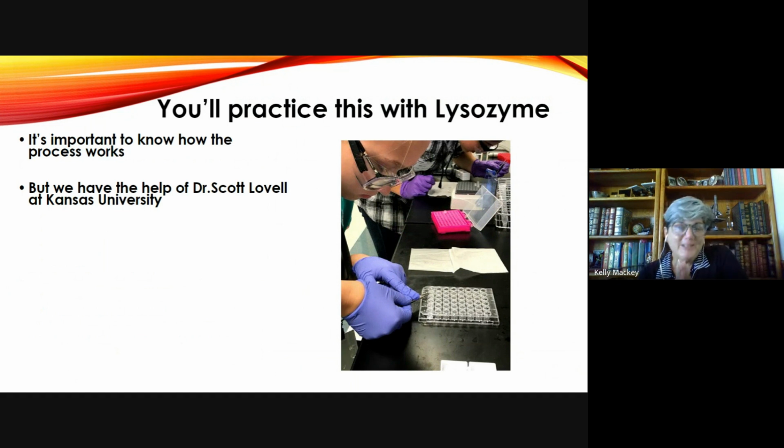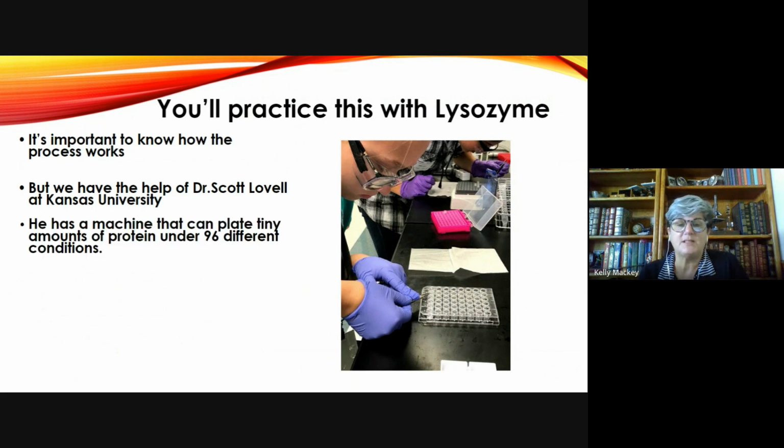But the really good news for you guys as a cohort of Spark students is we have gotten through one of our Beamline scientists, we've gotten hooked up with Dr. Scott Lovell at Kansas University. And he is a protein scientist. And he has a machine that can plate teeny tiny amounts.